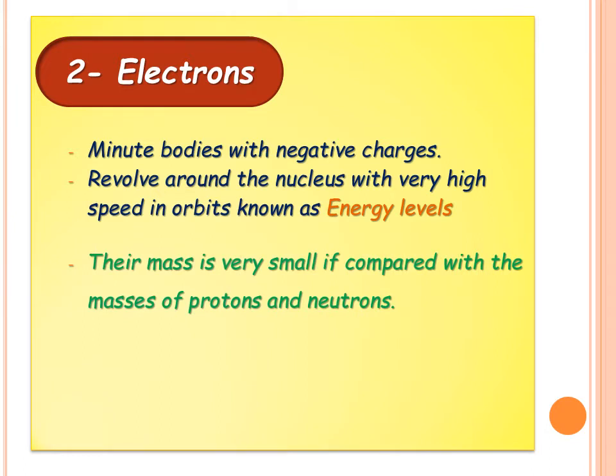The mass of electron is very, very small if it is compared with the masses of protons and neutrons. So protons and neutrons have large mass compared with electrons.